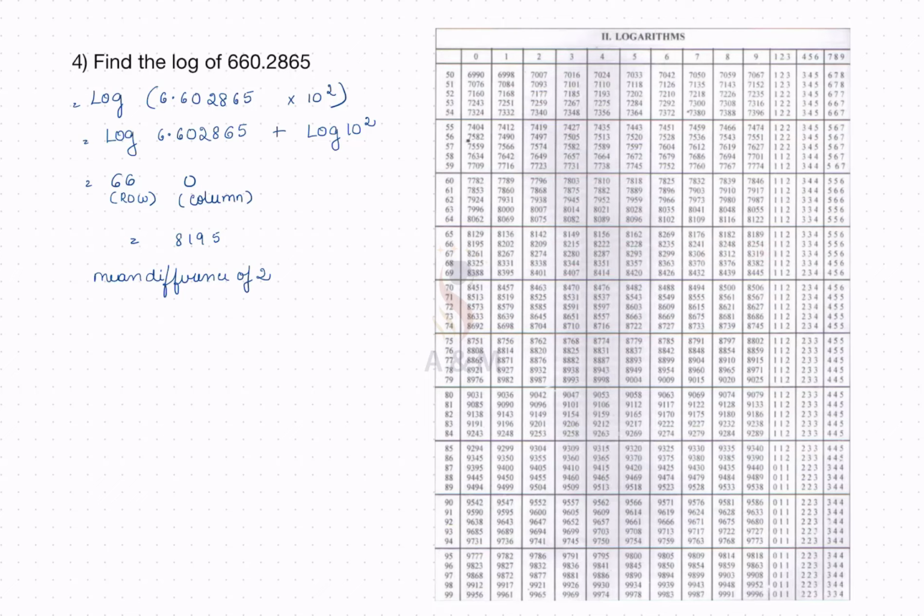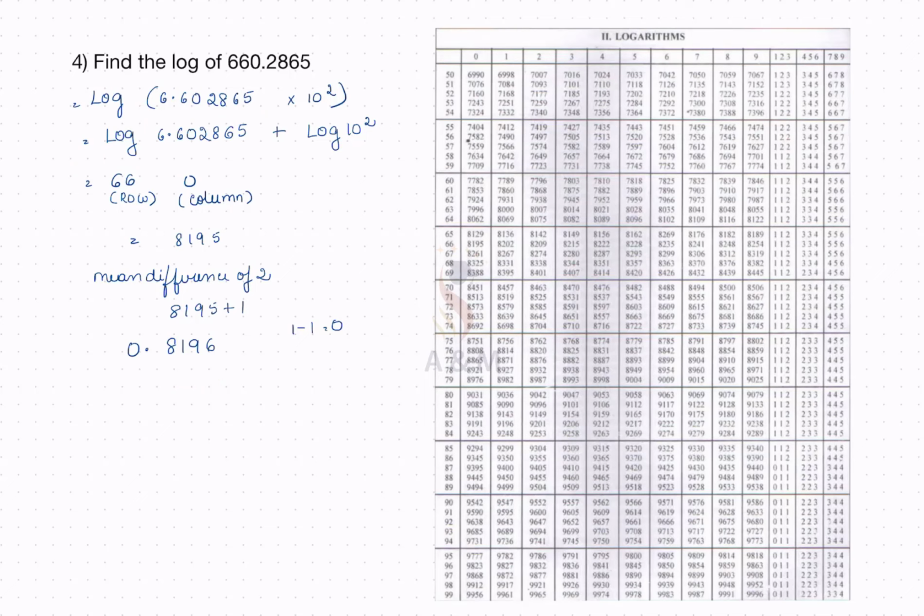Therefore plus 1. 8195 plus 1, here you get 8196. Now from the converted value, before the decimal point you have only one digit, that is 6, correct? Therefore, one digit minus 1 is equal to 0. This 0 you put in the beginning, that is 0.8196. Now log A is done, the value is 0.8196.